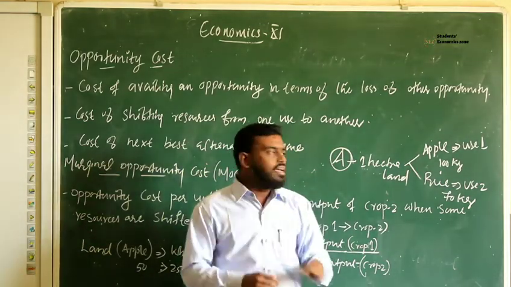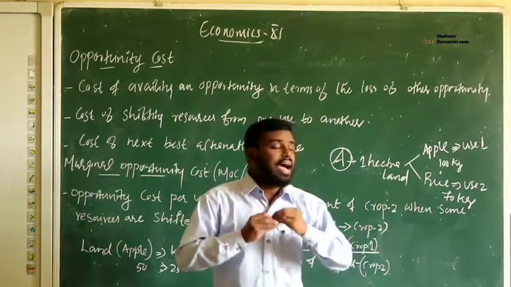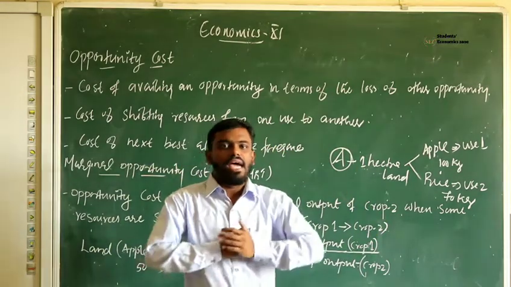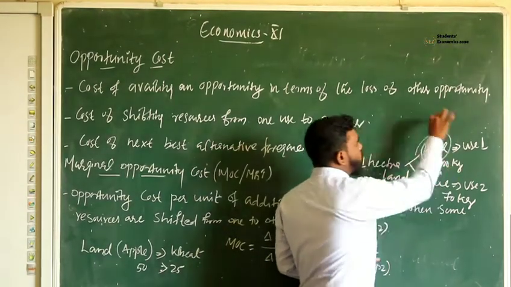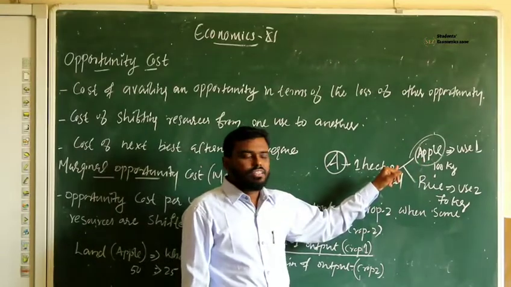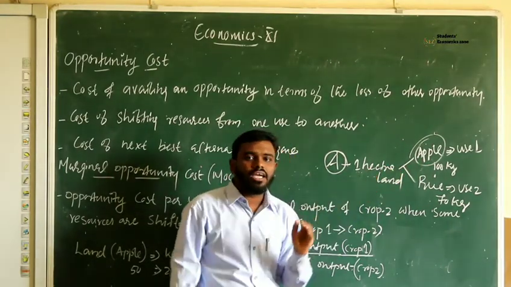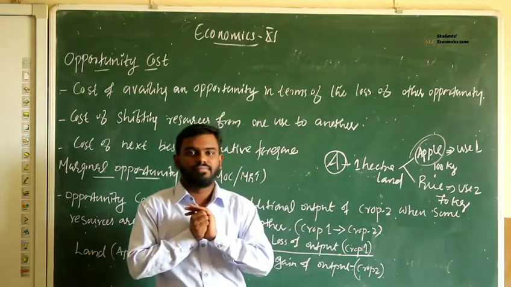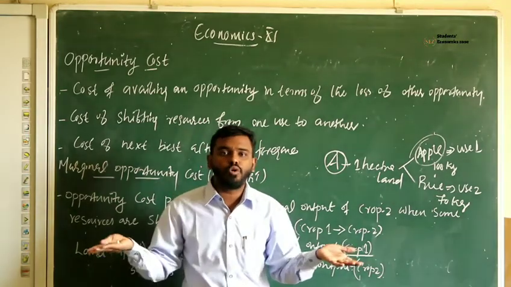In economics, use 1 is treated as opportunity 1, and use 2 is treated as opportunity 2. If individual A selects the production of apple on his 1 hectare of land, then he is sacrificing the production of rice. When he produces apple on his land, he cannot produce rice.